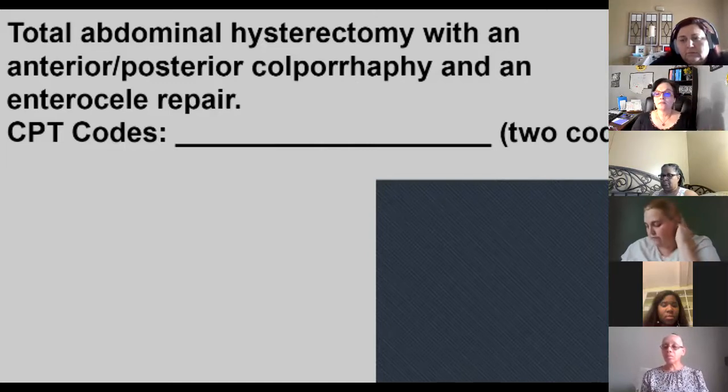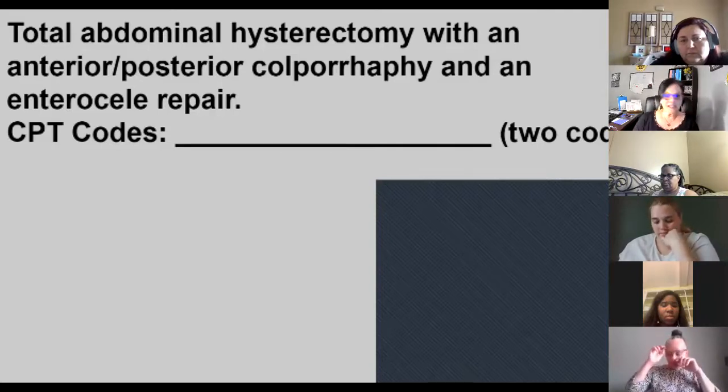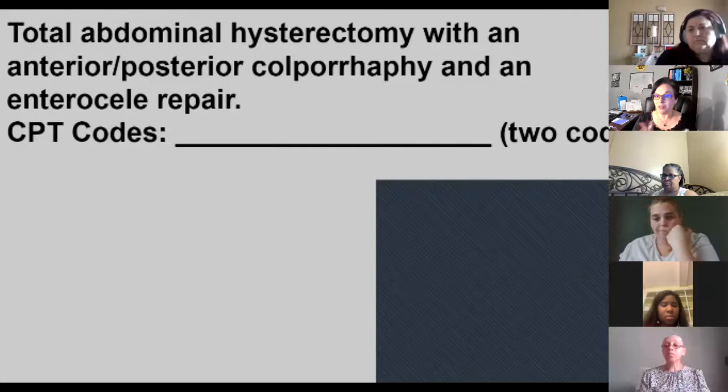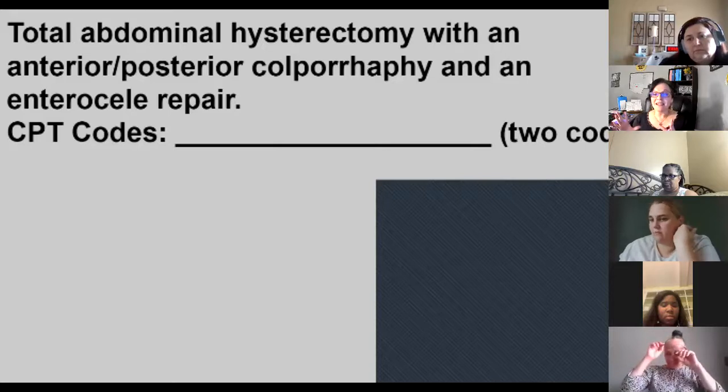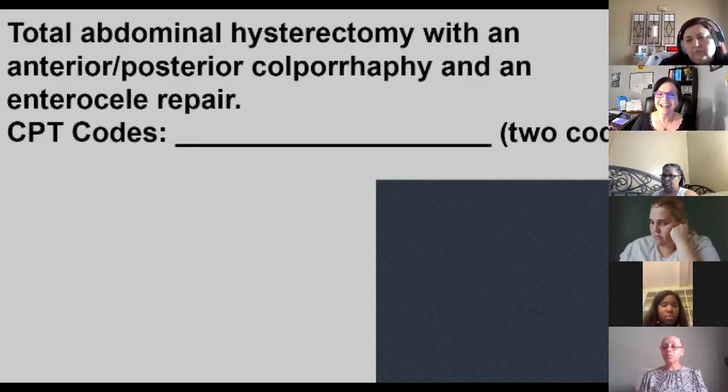Why don't you put the 51 on the first code? Because the first code isn't your multiple procedure. It's your first procedure. It's your initial. The multiple one is the second one. Melanie, with modifiers, it can be tricky because when you get to your facility and they train you on coding for certain insurances, they're going to give you a cheat sheet to tell you to put what where because sometimes it's a little different.